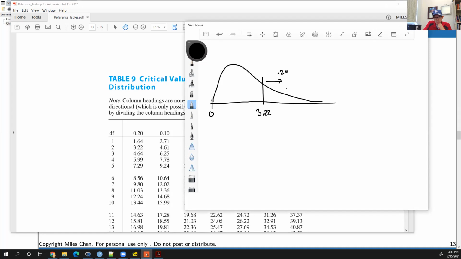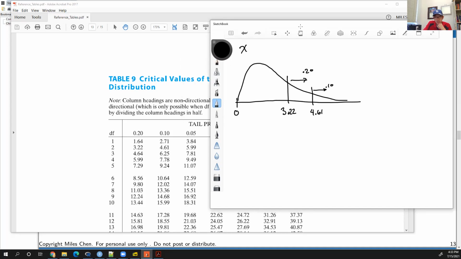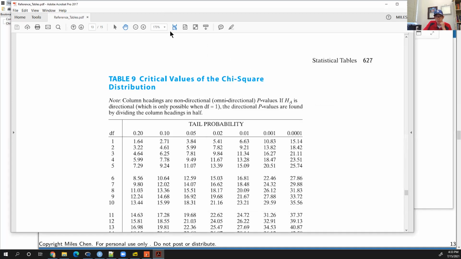If you go farther out, 4.61, the tail area is 10%, and so on, at least for 2 degrees of freedom. Further out to 5.99, the tail area is 0.05. This tail goes on for a long time, and you have to go pretty far out, 18.42 or something, if you want your tail area to be quite small, 0.0001 or something.